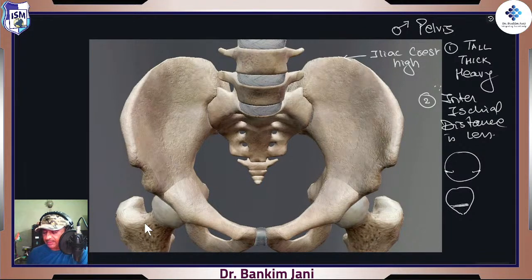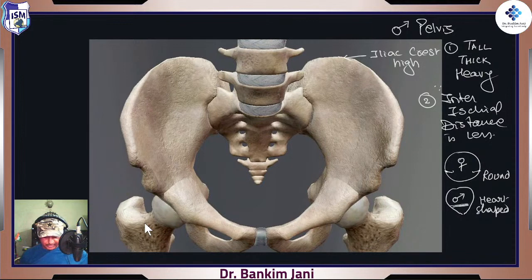If this distance is the same, it would be circular. This is the female pelvis, this is the male pelvis. In the female pelvis it is round, not even oval, it is round, while in the male it is heart shaped. That is the reason, because this distance is less.